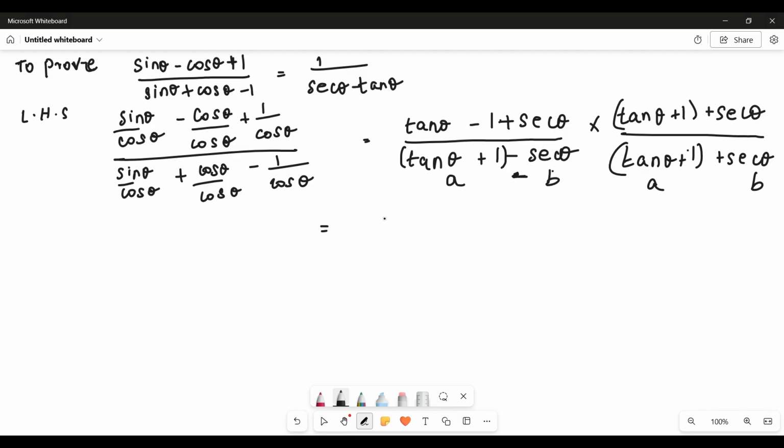Here I will be multiplying all these three terms with the three terms over here. So we'll do that in the next step. First, let me write it properly.